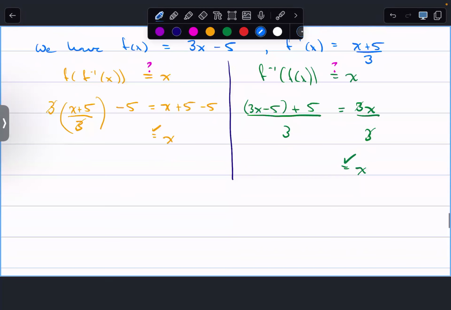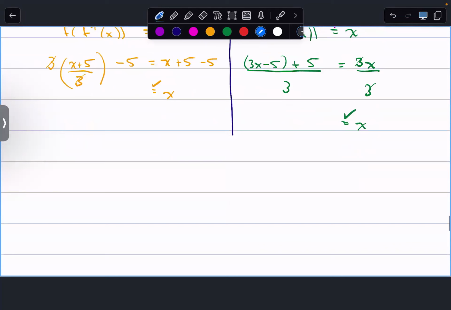So then I'll write a finishing blurb like, since f of f inverse of x is equal to x, which is also equal to f inverse of f of x, they're both equal to x, the inverse that we found is in fact the inverse.